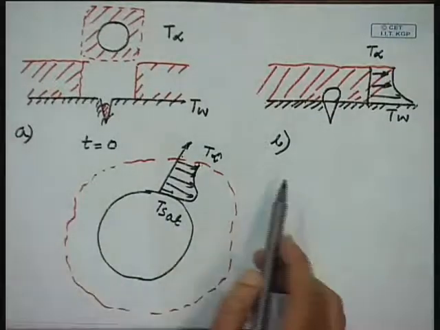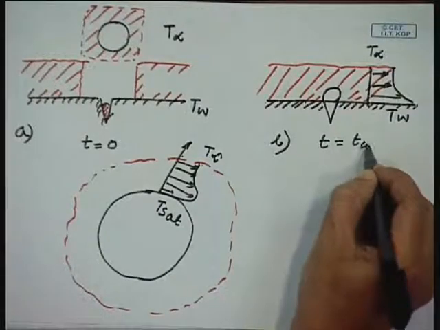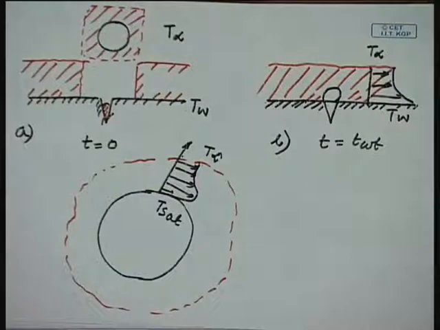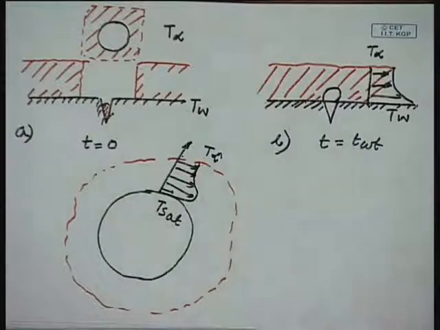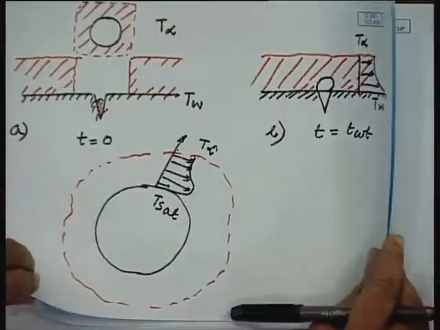So, these are the first two phases. Here I can write t equal to t_WT. So, this is at the beginning of the waiting period, and this is at the end of the waiting period. After the waiting period, the growth period comes.